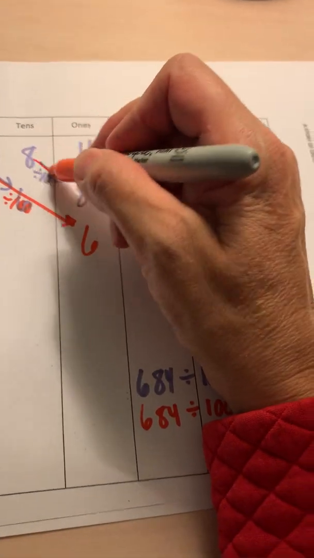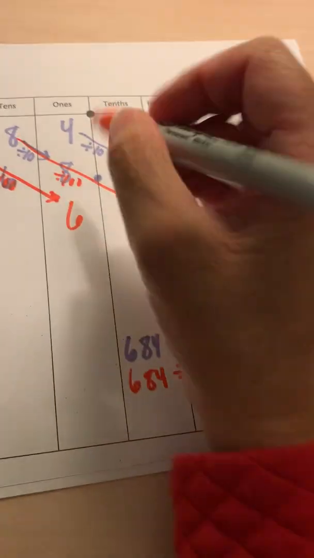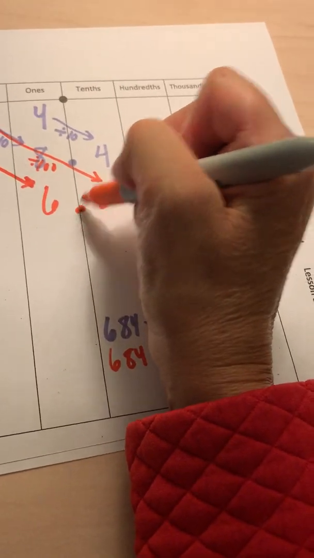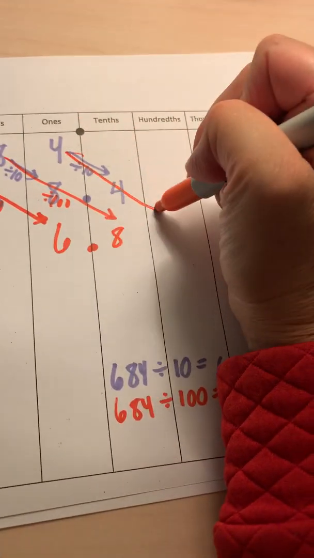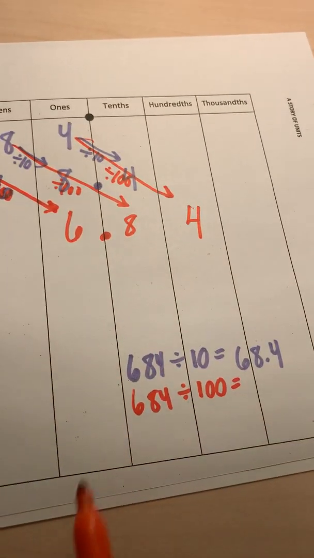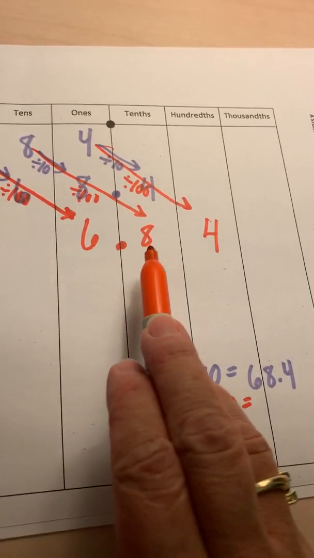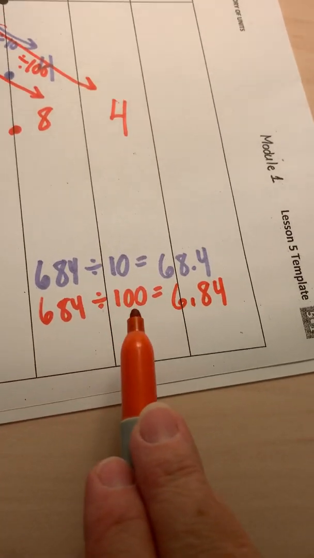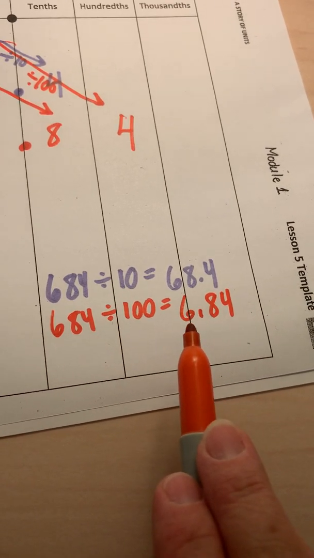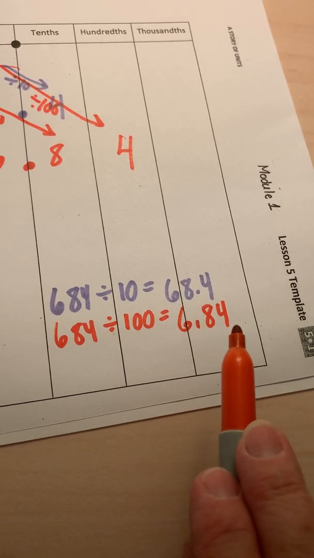And 8 tens divided by 100, we move over 10 by 10, gives us 8 tenths. 4 ones divided by 100 will give us 4 hundredths. So 684 divided by 100 is 6 and 84 hundredths, or 6.84. All of our digits are shifting by 2 place values.